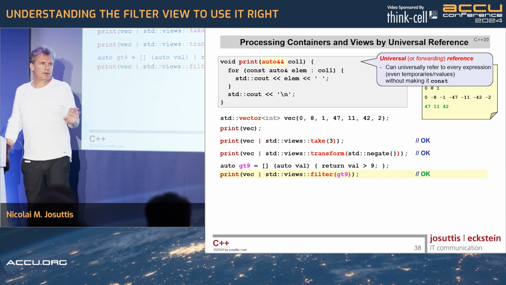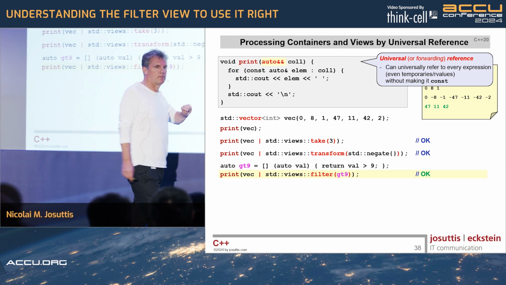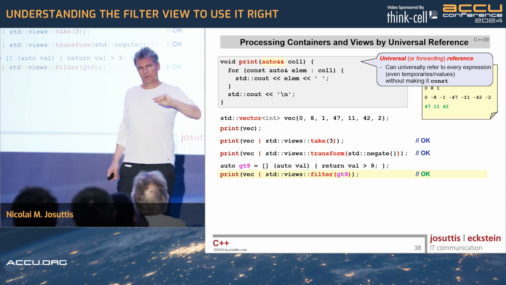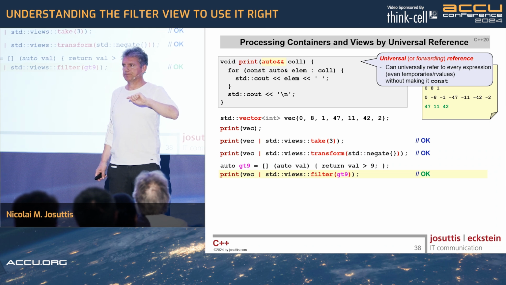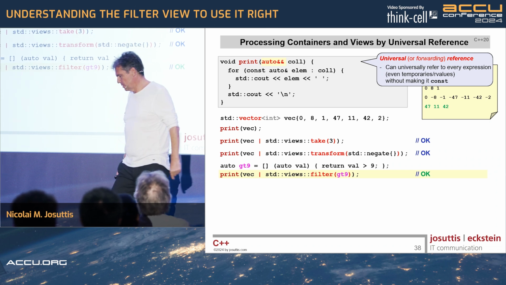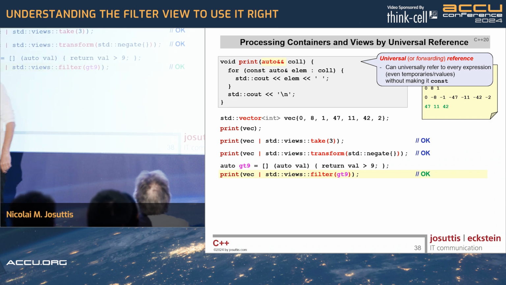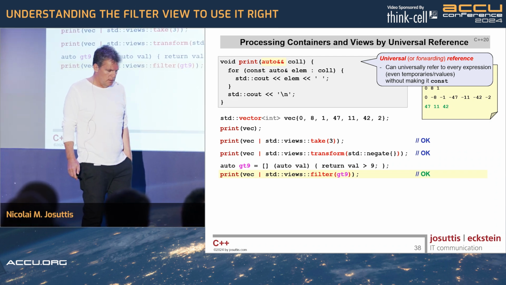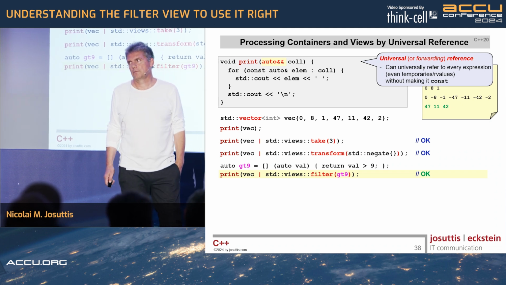But be careful. Now, here was the question, why didn't we hide caching? Why didn't we say, let's internally make things mutable? Well, be careful. If you do it that way, you have a problem. The call of begin is no longer thread safe.